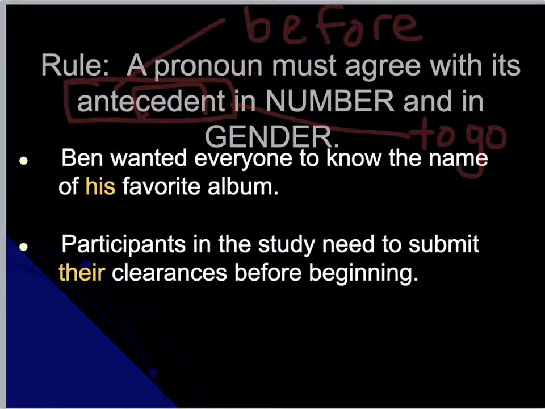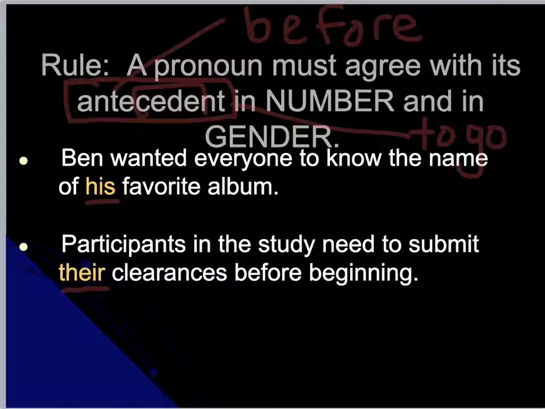So in this case, what we're going to be looking for is to have a pronoun that we choose, like you can see his highlighted in the first sentence and their highlighted in the second sentence, to have that pronoun agree with the word or words that come before.